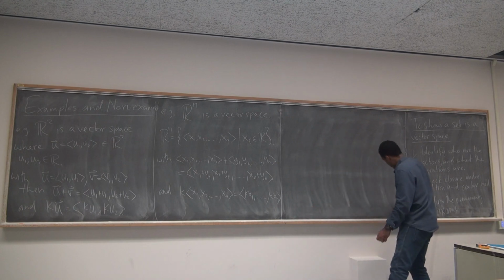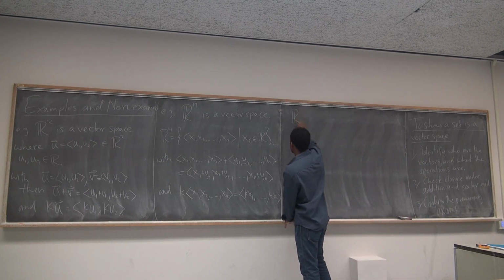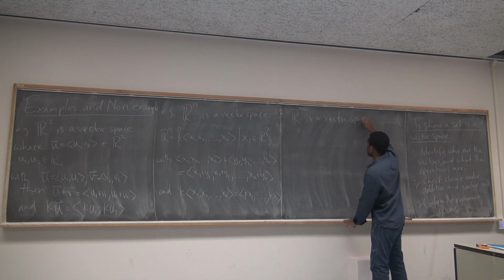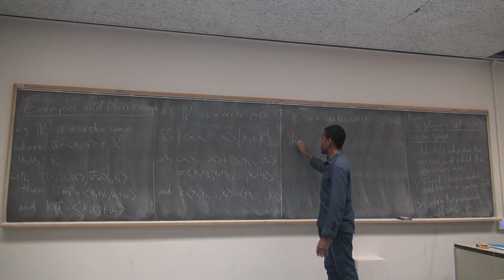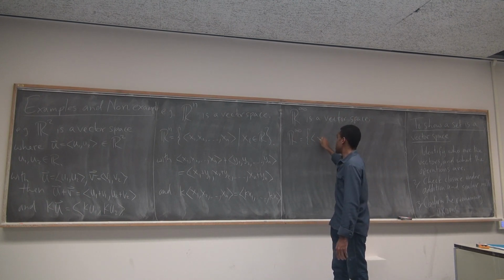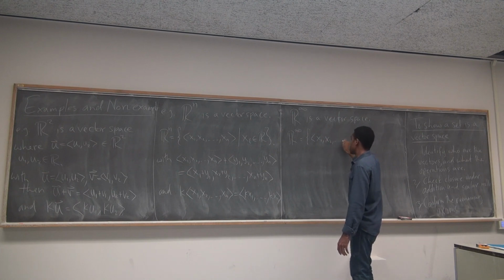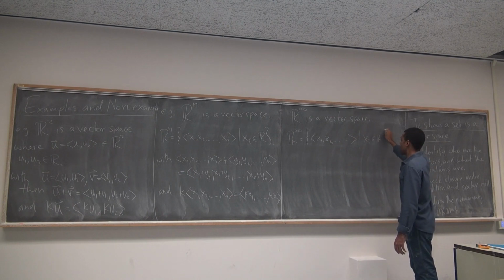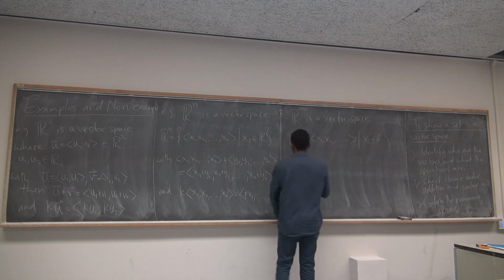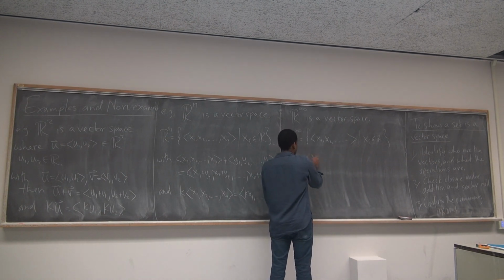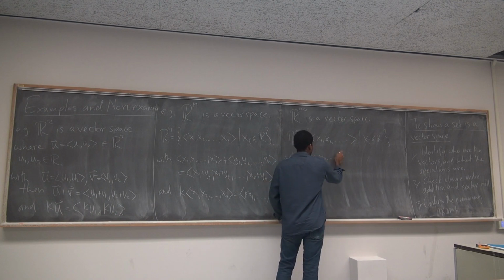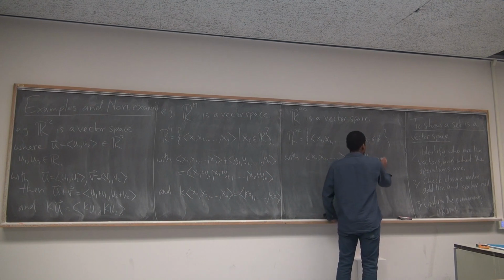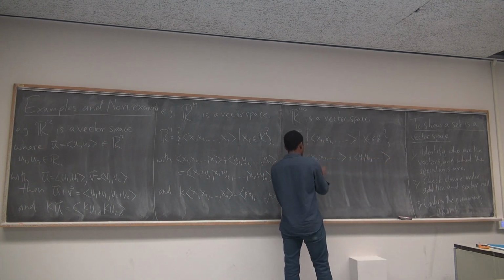We can get even crazier and say something like R infinity is a vector space. R infinity is the set of infinite dimensional vectors (x1, x2, going on forever), where the xi are in R. With addition, again, (x1, x2, ...) plus (y1, y2, ...), just adding corresponding entries.